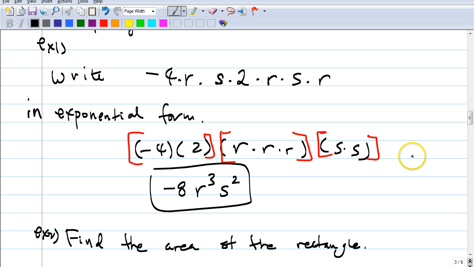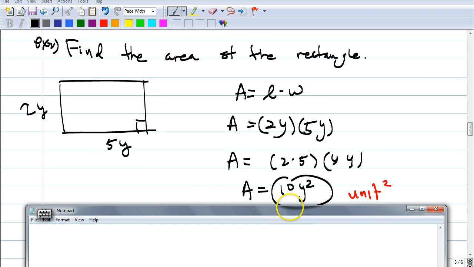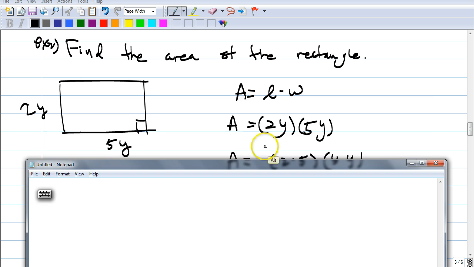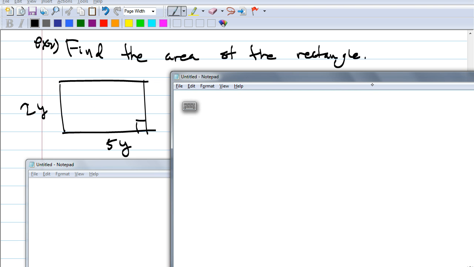Let's look at the second example. The second example is they get a little bit creative. Rather than just giving you some expressions, they ask you to do something like this. Find the area of the rectangle. And they tell you the length and width in terms of some variable expressions.